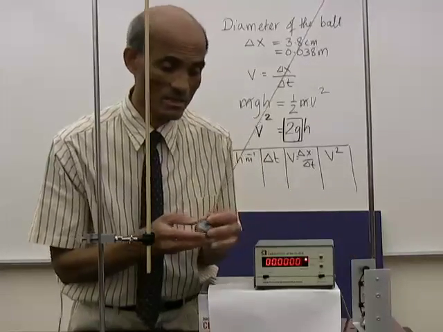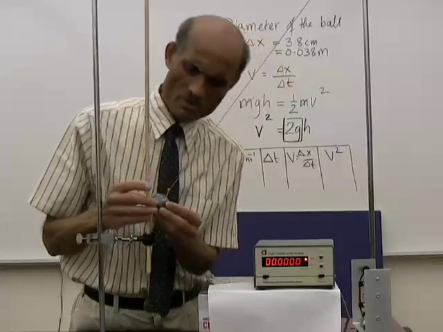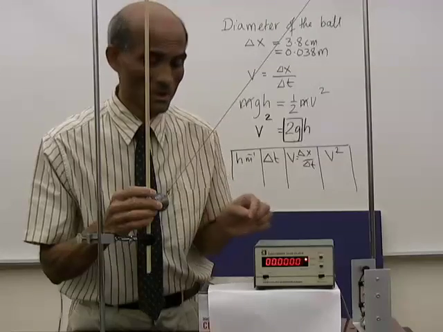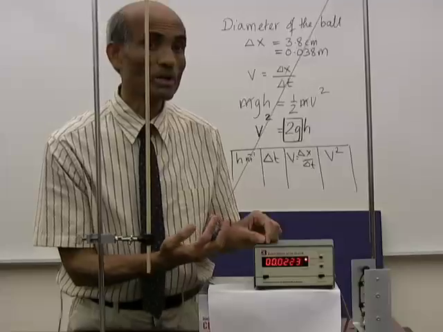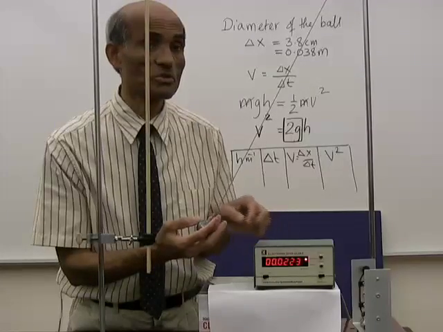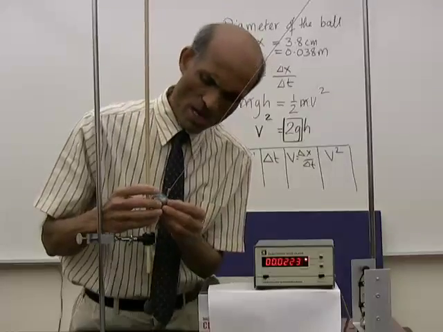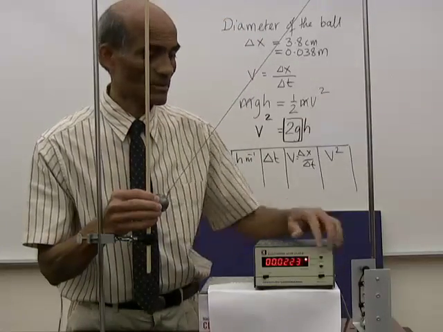Okay, let's do the second trial. The H value, the second H value. Okay, let's go. 0.0223. That's the second trial. Let's try one more time at the same H value. Reset.